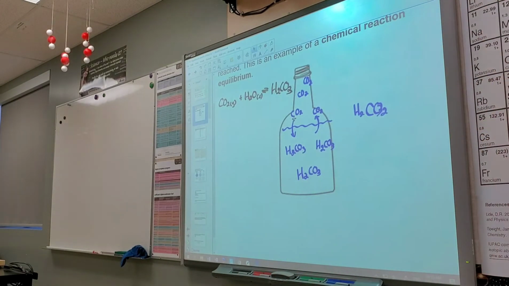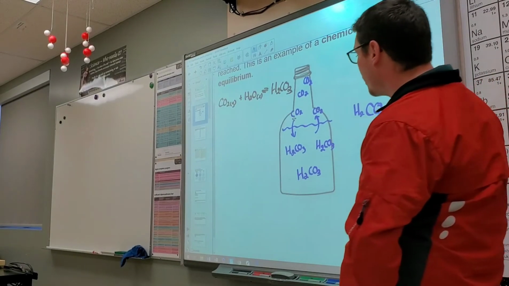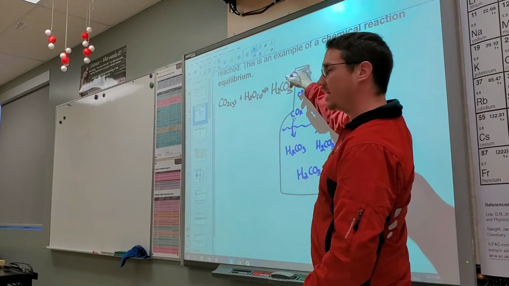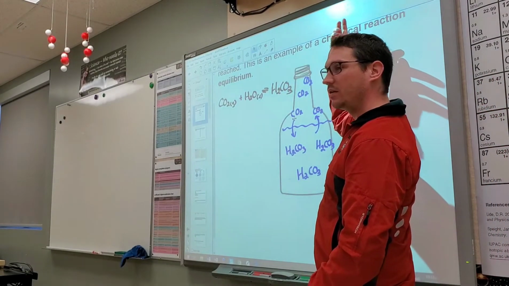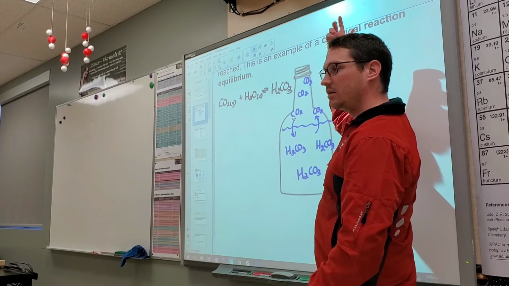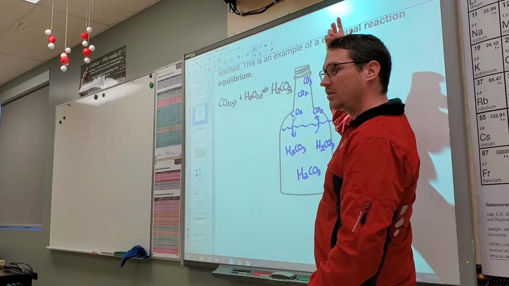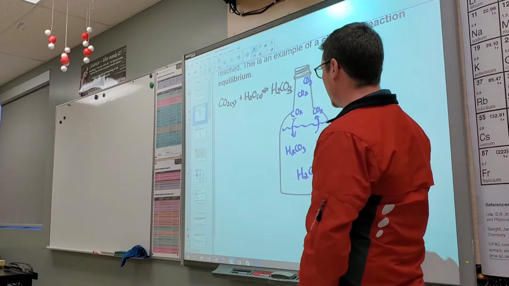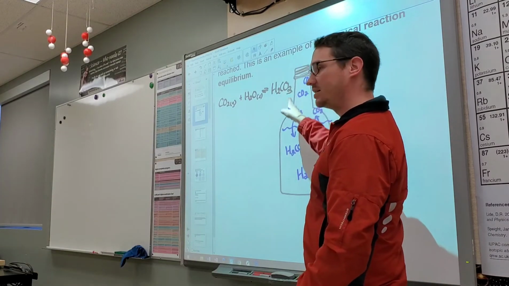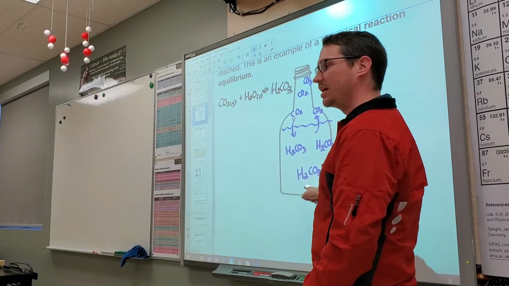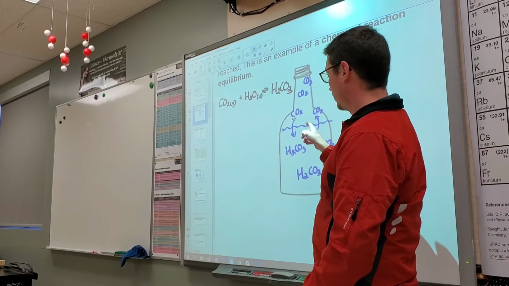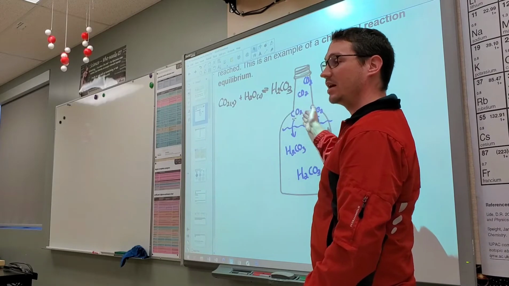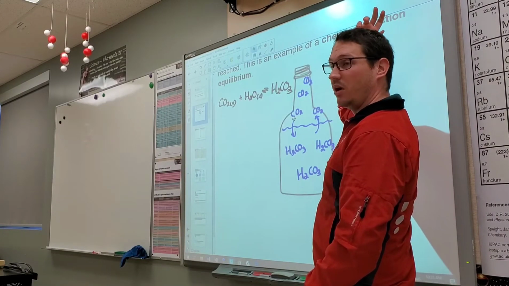What's going to happen to this solution, to this mixture or this equilibrium, the moment I take the cap off? What's going to happen to something in here the moment I take the cap off, Isaac? Would you agree that the carbon dioxide is now free to leave this bottle?